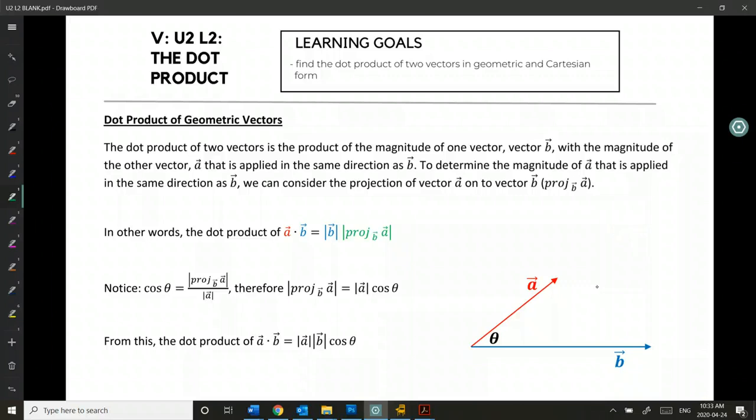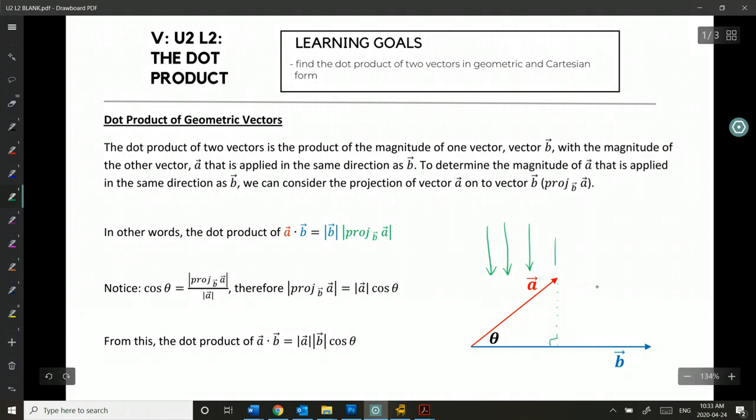So here's what I want you to imagine. We've got two vectors over to the right here, and if we imagine some sun rays shining down on this vector, we're going to have a shadow that is projected at a 90-degree angle, right?